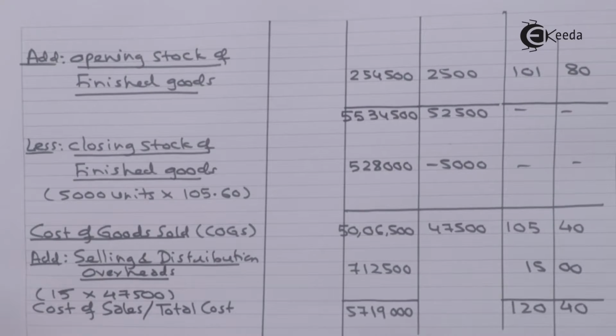So total cost comes to 57 lakh 19,000. Per unit it is 120.40. To this we are required to add profit.